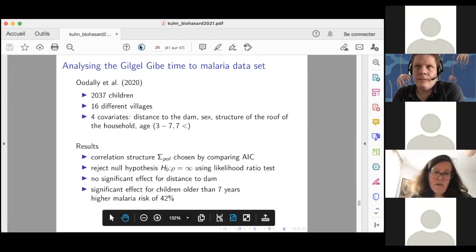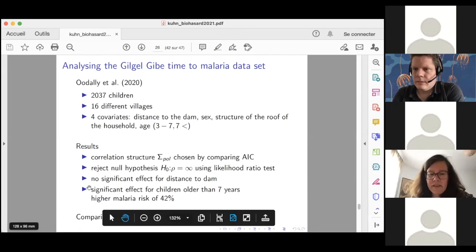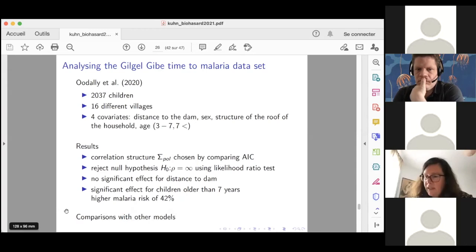Then we also try to analyze this data with other models. For example, we obtain with the shared frailty model, which is one frailty per village, a model I presented before, also a significant effect for children older than 7 years. The malaria risk was about 38%, so it's quite the same.